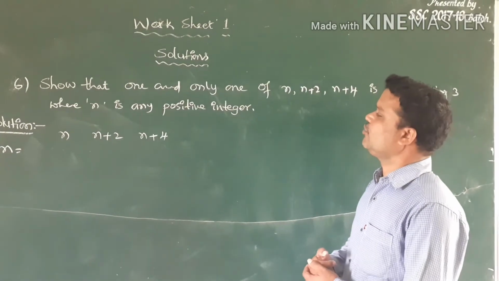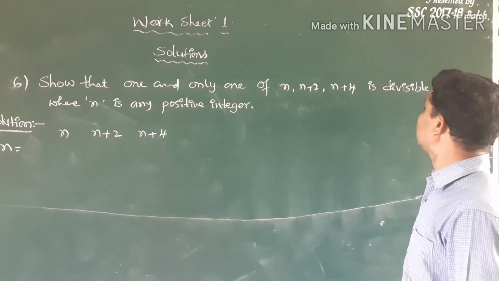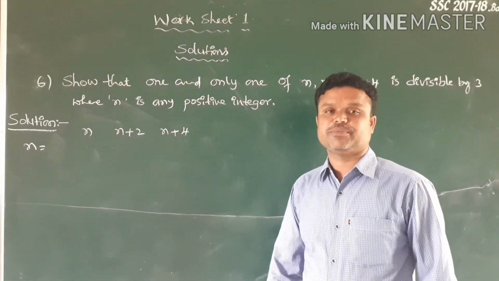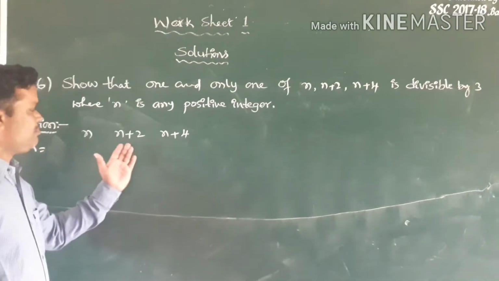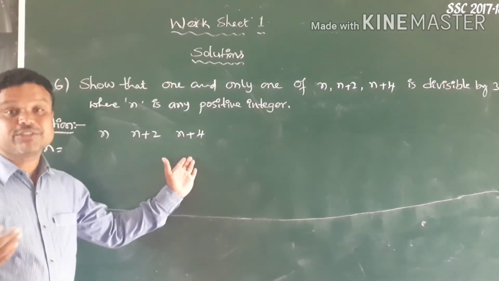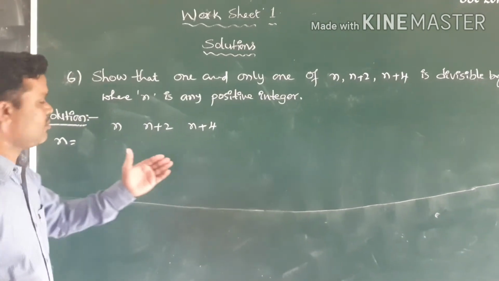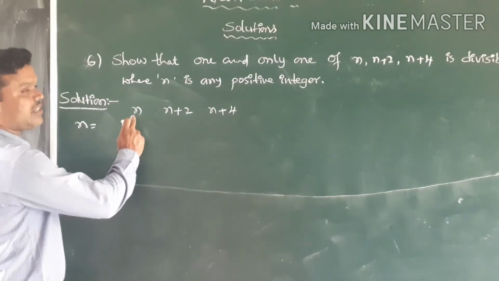Show that one and only one of n, n plus 2, n plus 4 is divisible by 3, where n is any positive integer. See, whether n, n plus 2, n plus 4 are divisible by 3 or not. So now we have 2 or 3 conditions. Let's go with one method. Let us substitute positive integers in place of n.